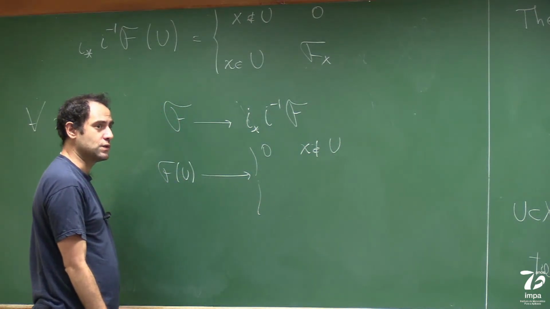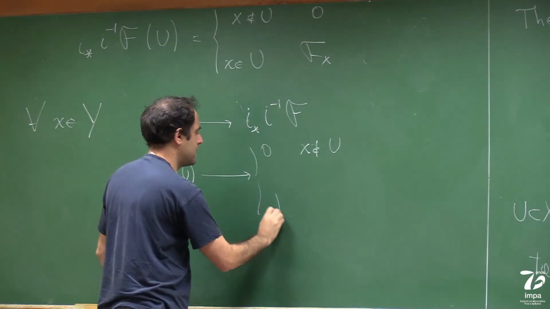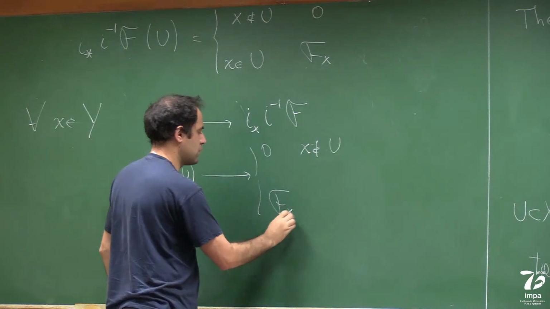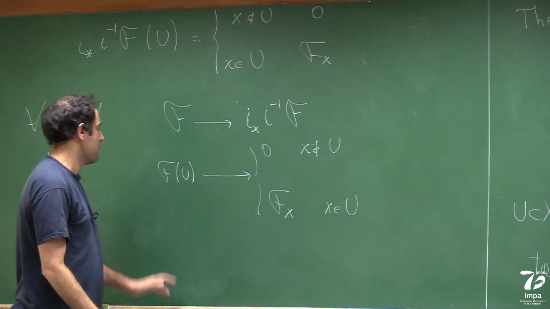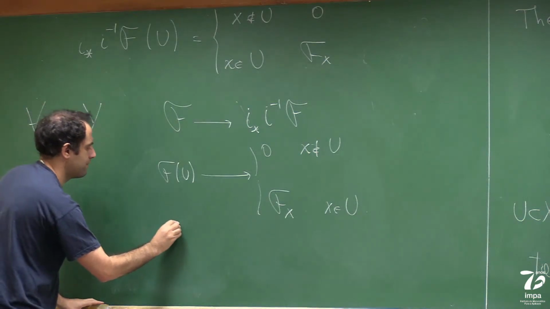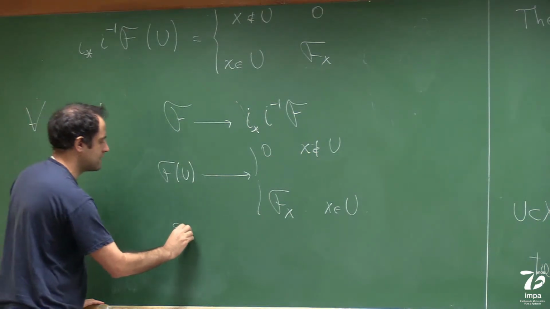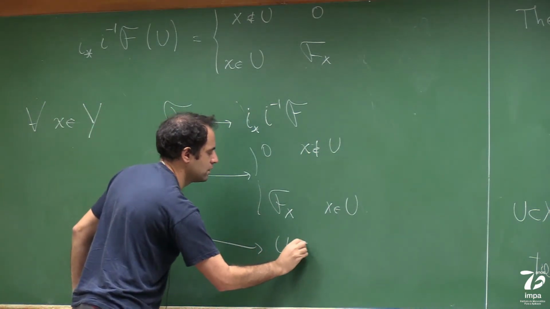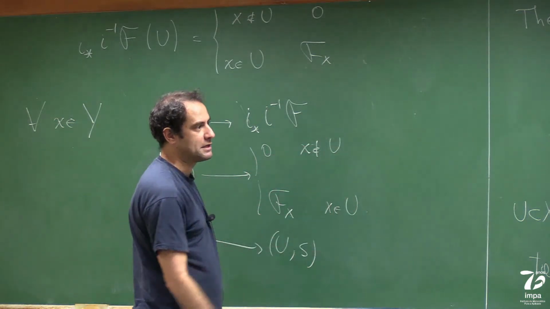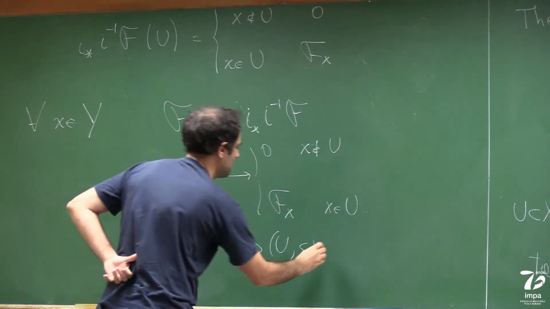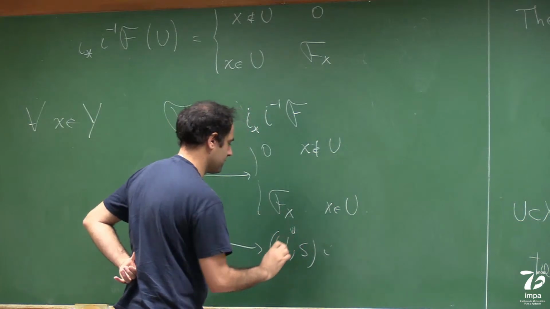There's nothing else I can do. But if X is in U, I need to give you a map to Fx. Any section here, I can send it to the pair (U, s), the class of this pair in that direct limit, which is an element in Fx.